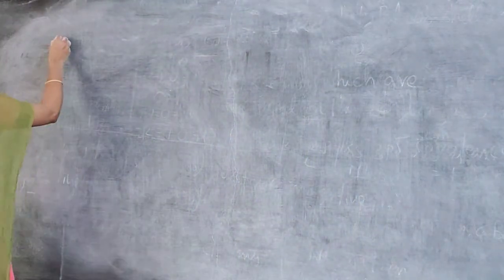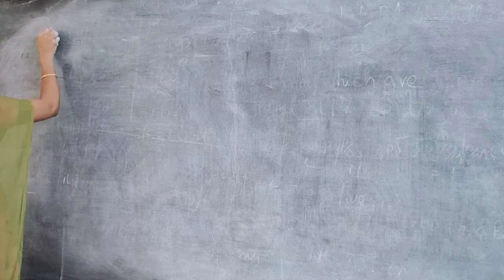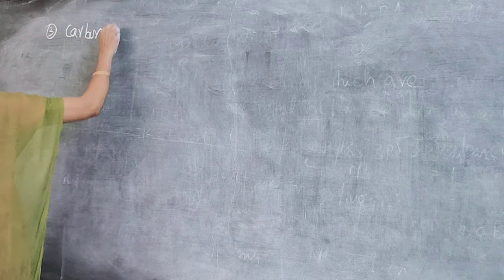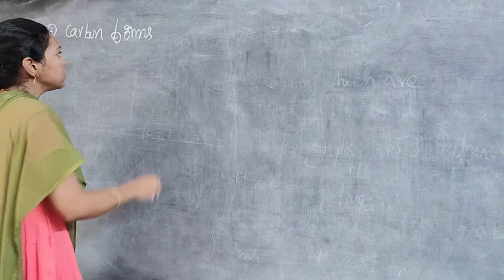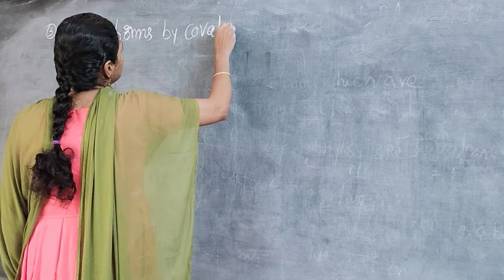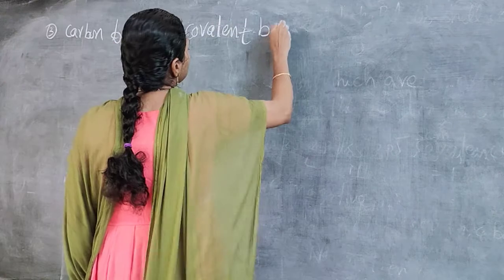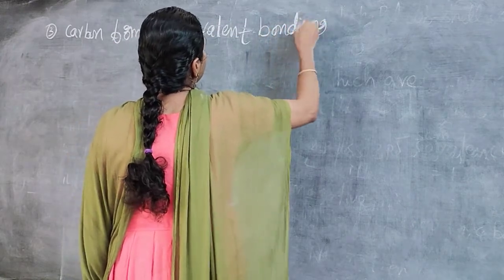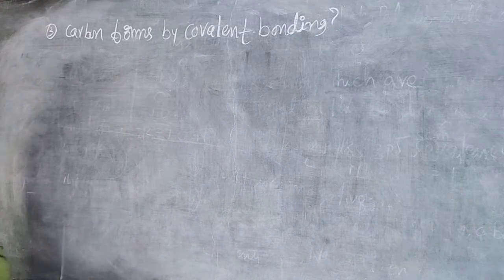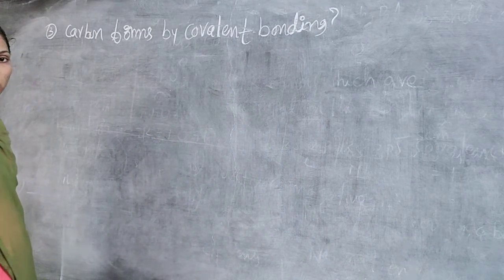Why does carbon form compounds mainly by covalent bonding?